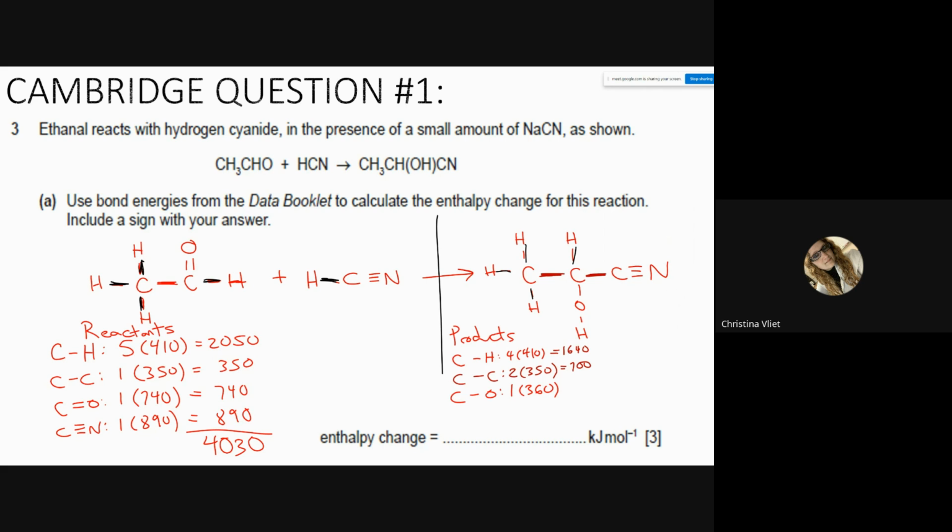The more bonds you have, the stronger bonds you have, will require more energy to break apart. So it actually turns out that triple bonds require the most energy on average, then double bonds, then single bonds actually require the least energy to break apart. Just bringing that up. That is important to know.